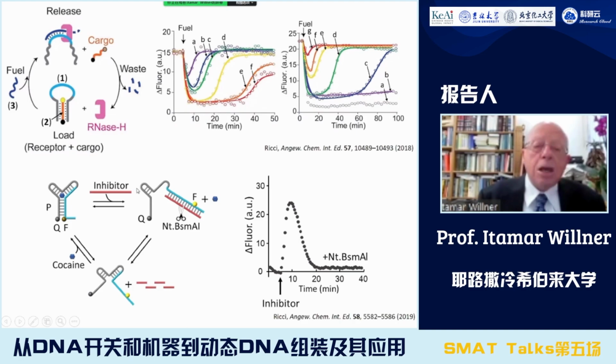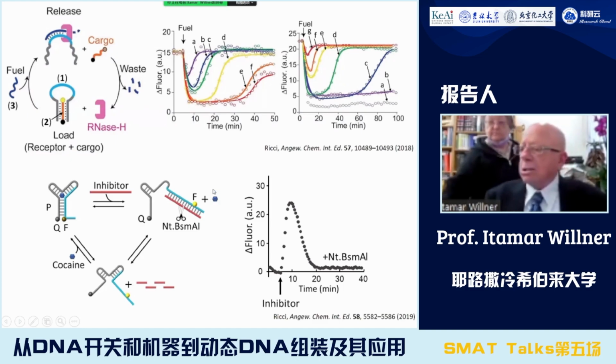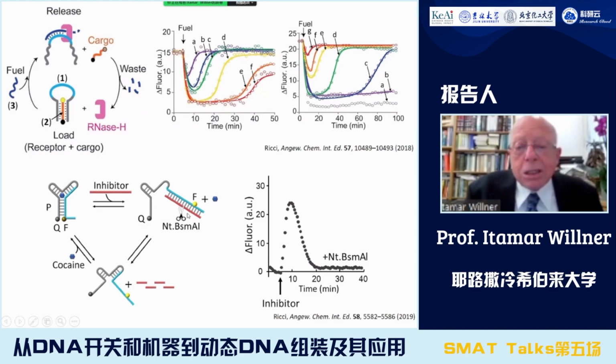If we apply a fuel strand on this cocaine aptamer complex, we open the hairpin structure of the complex, and the cocaine is released. But if we engineer in this strand a nicking site, and we have in the mixture a nicking enzyme, this strand is being nicked.